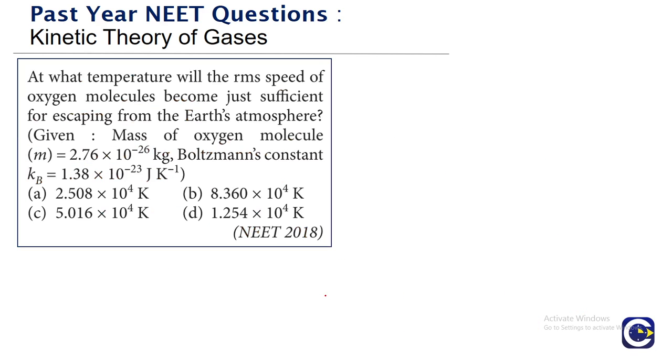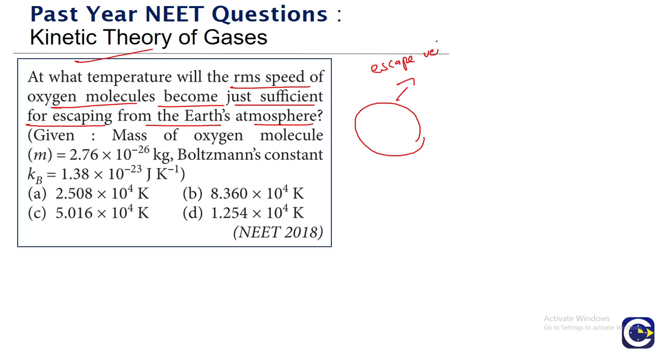We'll move on to the next question. This is coming in the 2018 paper. At what temperature will the RMS speed of oxygen molecules be just sufficient for escaping from the Earth's atmosphere? If any particle has to escape the Earth, it should have a speed equal to the escape velocity.